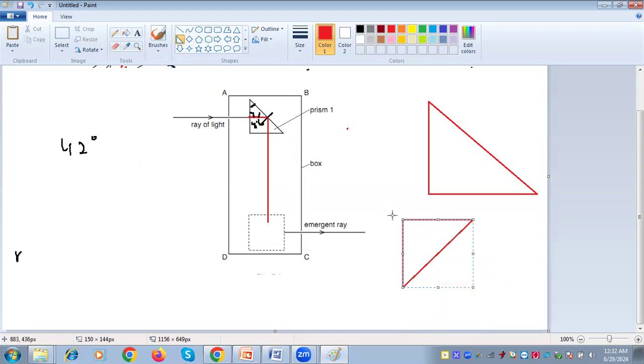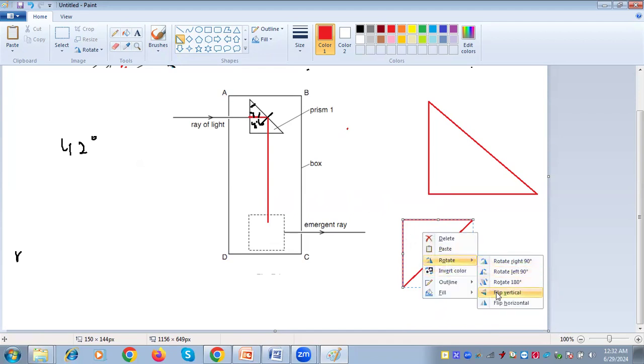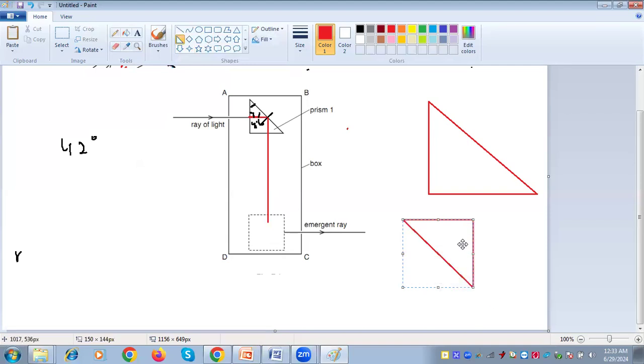Is this okay? Of course, it will go straight. Then what about the ray of light? Are the two sides parallel? The hypotenuse side should be parallel. So this will be the position. So the prism fits here.